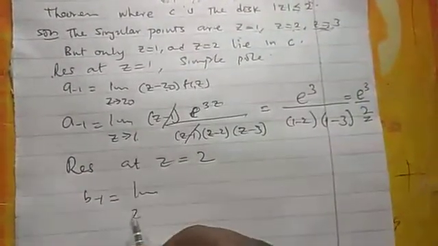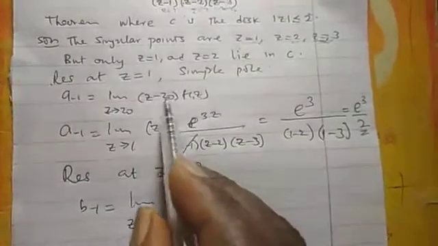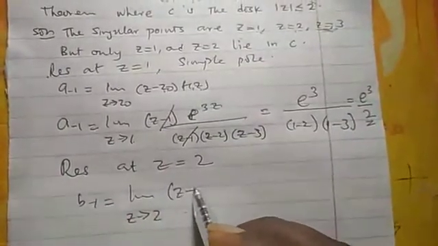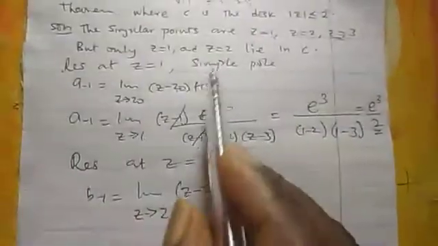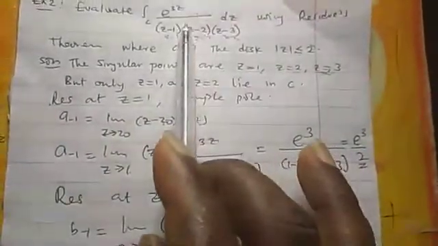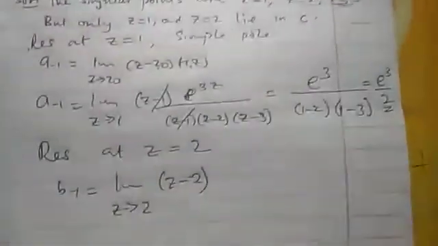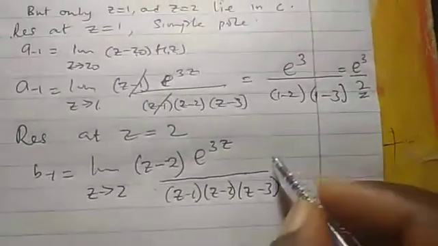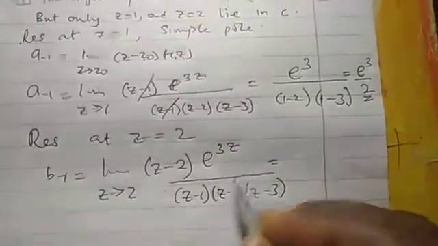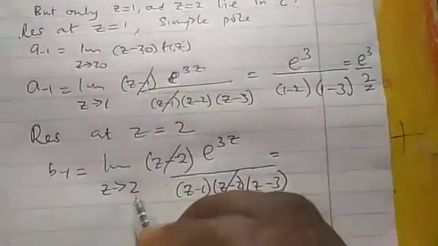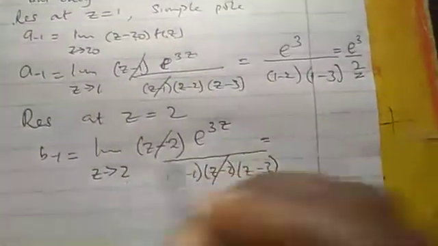So for the residue, I'll still use this formula. This is the limit as z tends to 2 of (z minus z naught, our z naught is 2) times f of z. So we write back our f of z there, which is this. So this cancels this. Now we can find the limit and put z to be 2.